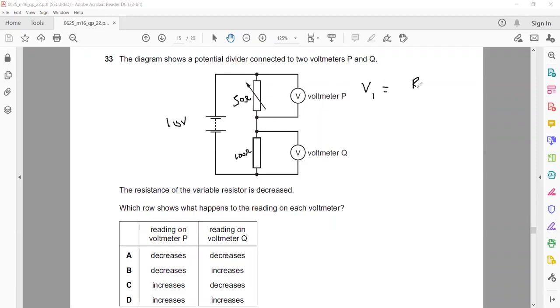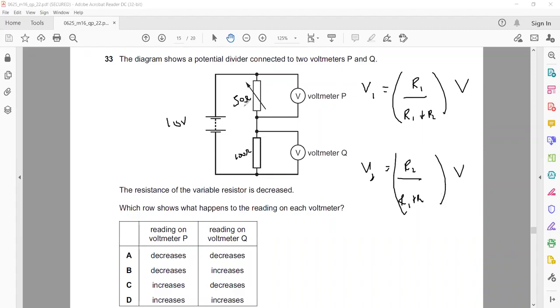Now when you work out how to find the voltage here, V1 equals the resistance of that part divided by the sum of the resistance of the circuit, multiplied by the total voltage V. And if I need the voltage here, V2, that is the resistance of that part divided by the sum of the resistance of the circuit, multiplied by the total voltage V. So I'm finding a voltage here.